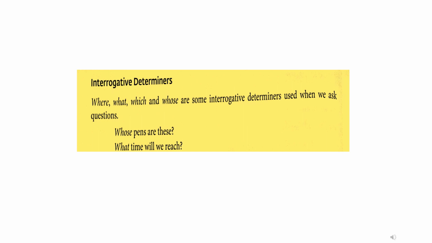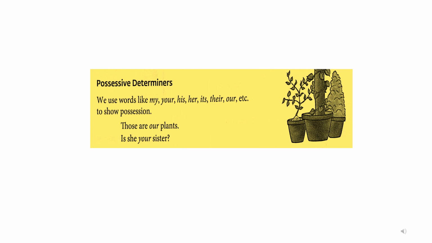Interrogative determiners. Interrogative determiners we use to ask questions. Where, what, which, and whose are some interrogative determiners used when we ask questions. Examples: whose pens are these? What time will we reach? Possessive determiners.